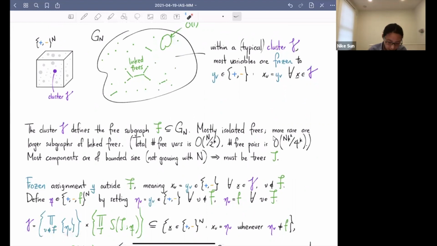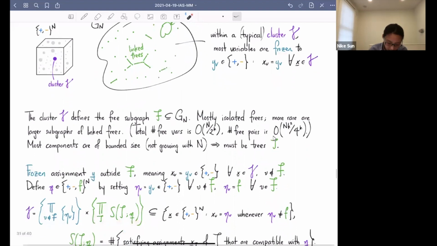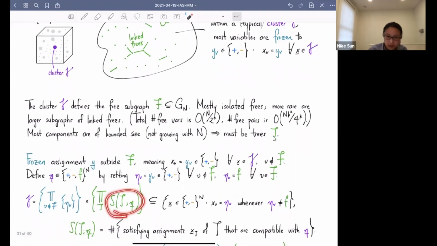And then whenever you have a free tree, t, you need to consider what are the solutions on this tree. I denoted S of t to be the number of satisfying assignments on this tree which are compatible with eta. So say that this is t.